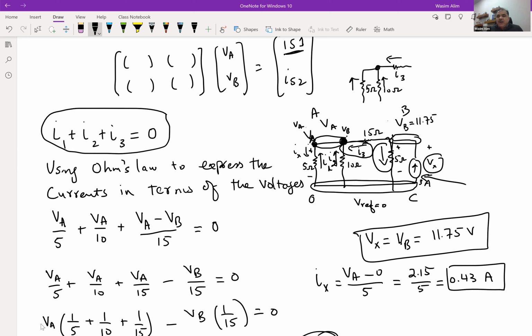Therefore, any current that is flowing between the two independent nodes, that current direction you cannot change. But for all other currents, once you define it, you have flexibility of choosing the direction. It will not have impact on the solution of the problem, right?